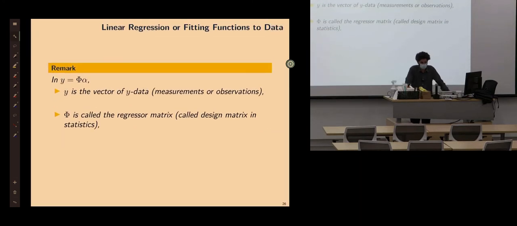Phi is called the regressor matrix. There are different names for it. In linear algebra, it's called regressor, but in statistics and machine learning, they took that terminology. They might call it design matrix or data matrix. They mean the same thing.